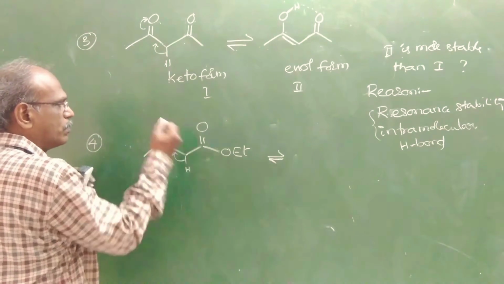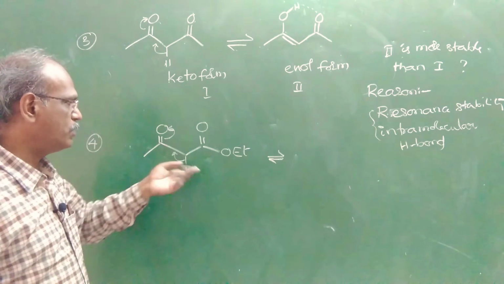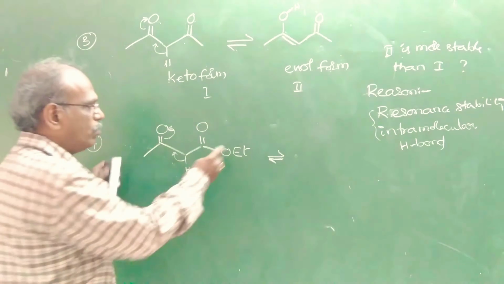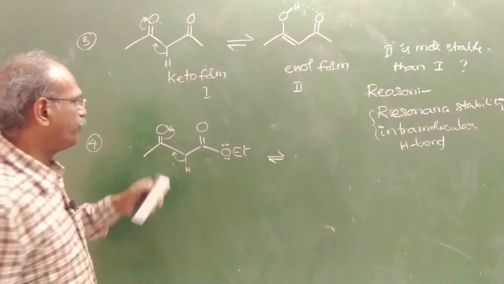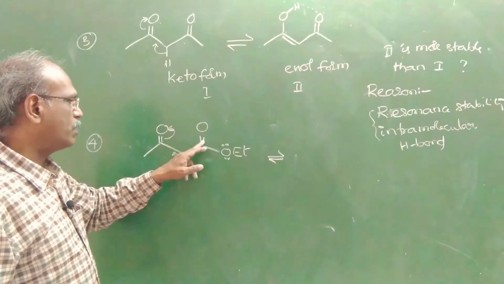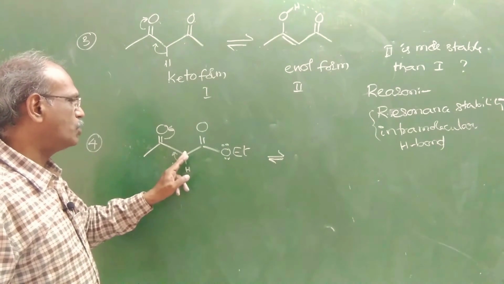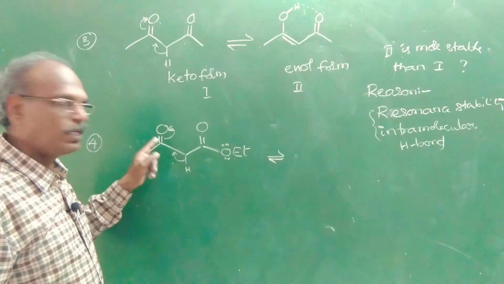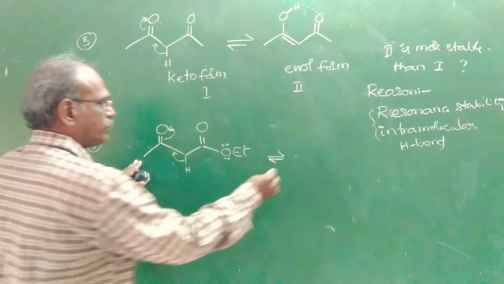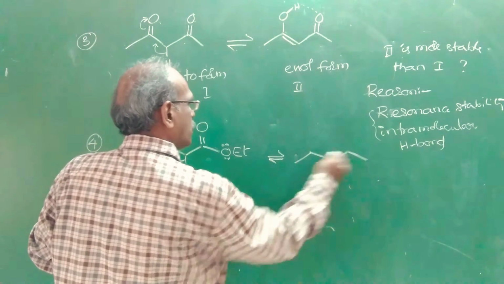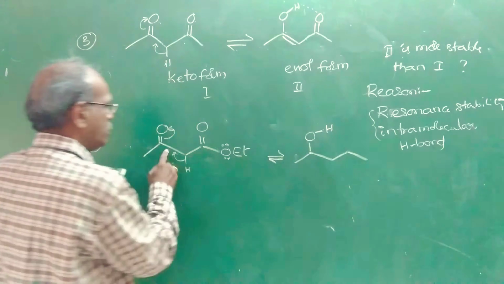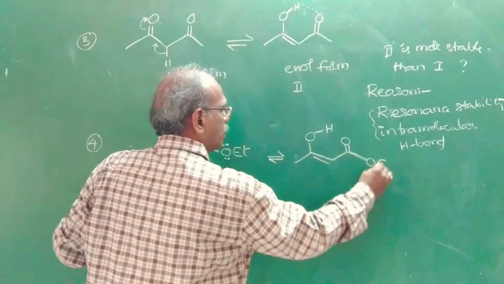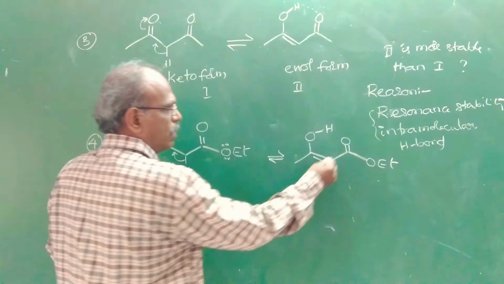Let's see the reason again: the C=O is in conjugation with the lone pair on this oxygen atom. So it has two options. It can show or may not show a withdrawing effect on this, but this always shows. So its withdrawing effect is more on this. This is OH, here double bond, here double bond O, OEt. Here also the same.